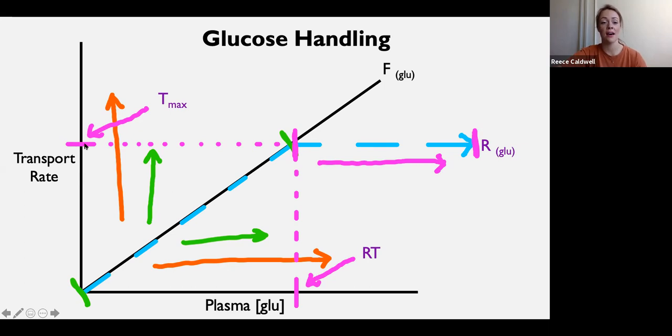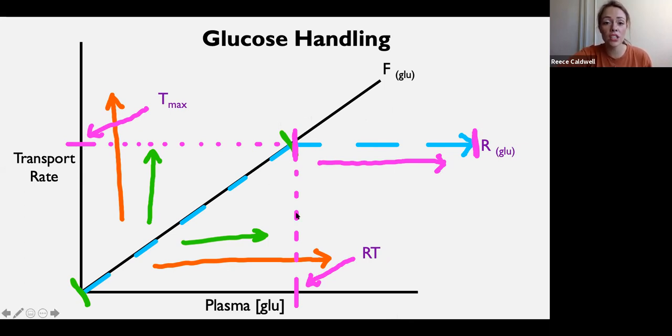So Tmax is that max rate that we can reabsorb glucose. We hit it once we hit that plateau. And at that same point, we have the renal threshold, which is where Tmax occurs, the max threshold at which we can reabsorb glucose. So yeah, not a good deal.